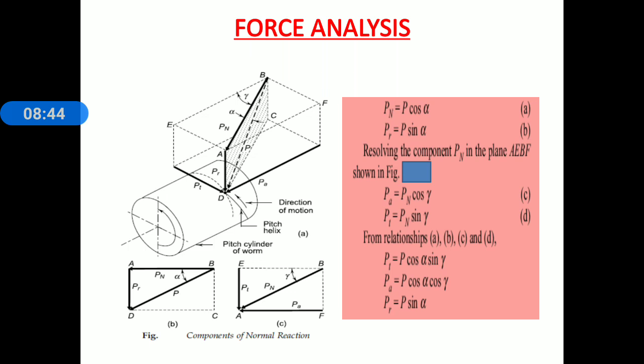Using this relation, we get the tangential component of the resultant force P. Similarly, considering equations C and A, axial component PA is equal to P cos alpha cos gamma, and the last one, as it is, radial component PR is equal to P into sin alpha.